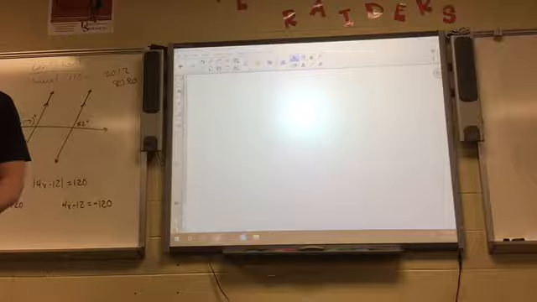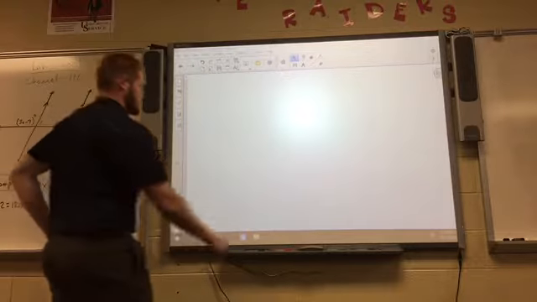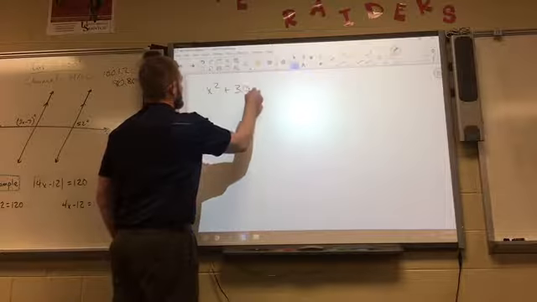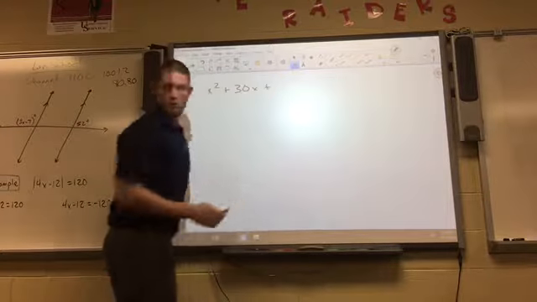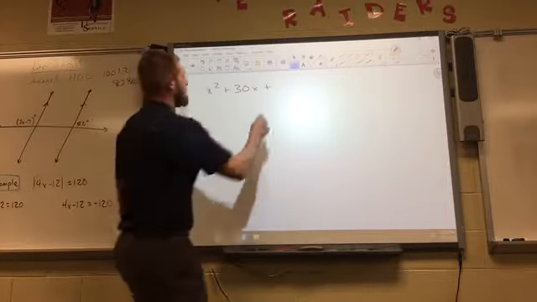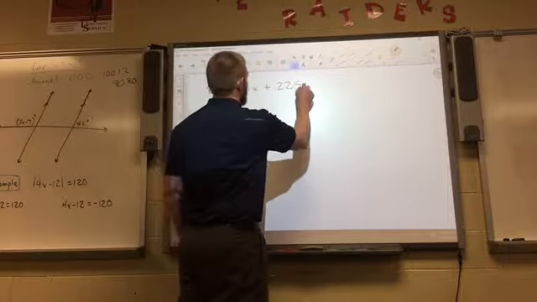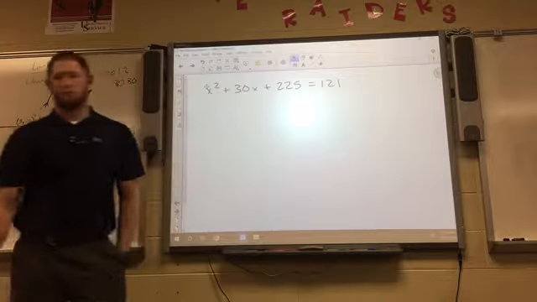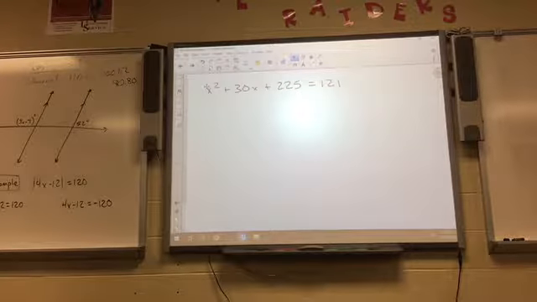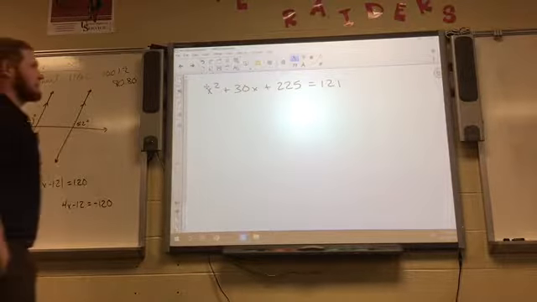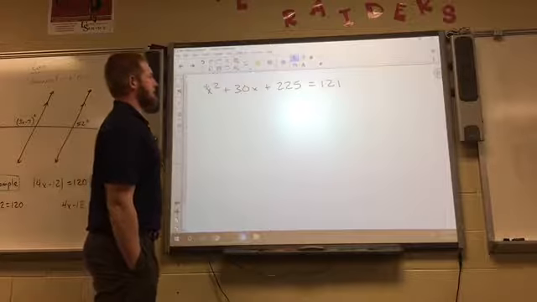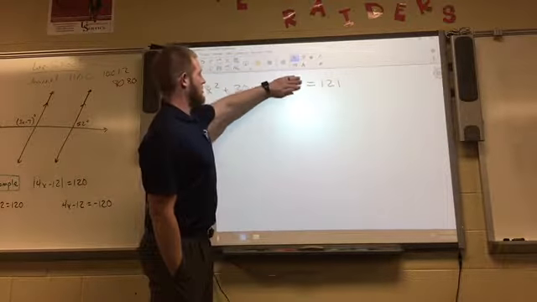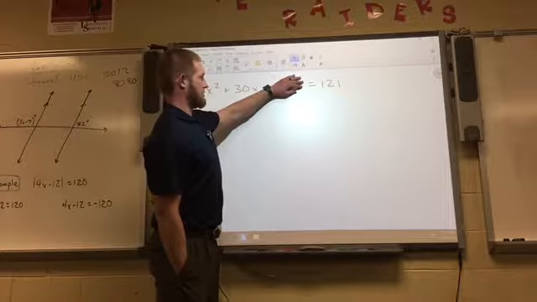So I have x squared plus 30x plus 225 equals 121. Okay, so it's a little bit different than what we've been seeing, because what we've been seeing, we either already had it equal to 0, or there was no c and it was equal to another number.